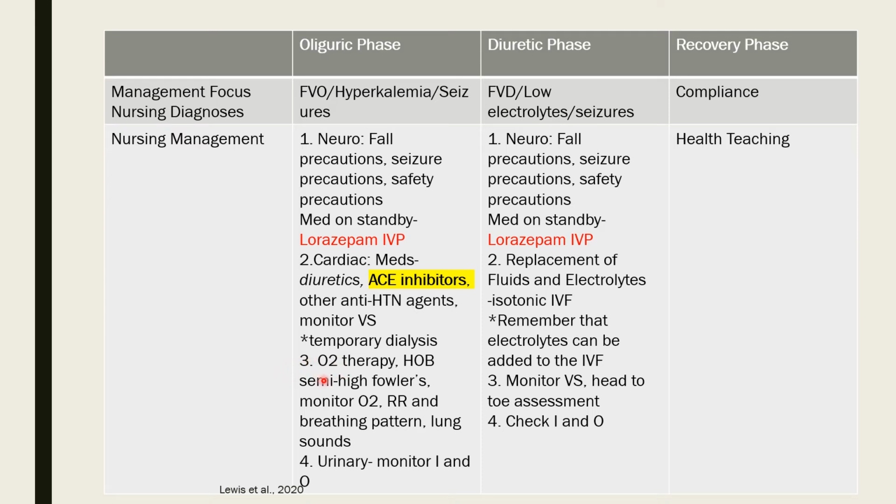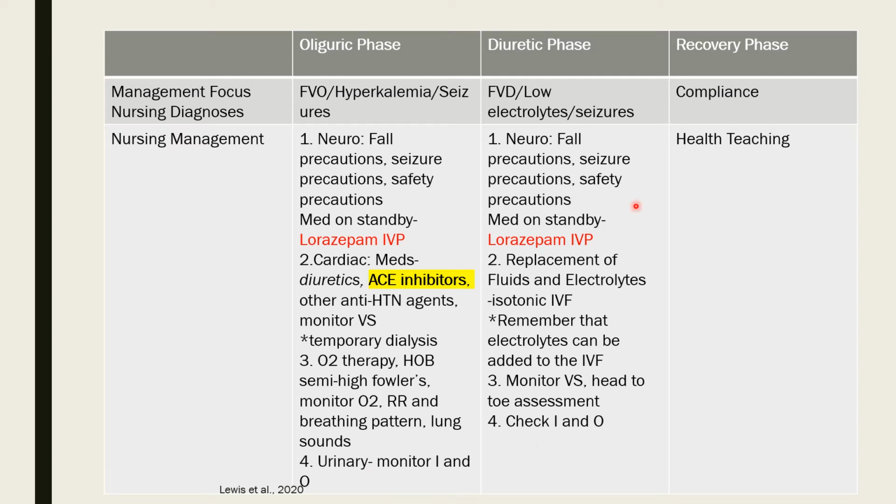And again, with oxygen, for the respiratory function, you want to give them oxygen as needed, put them on the highest position that you can, and monitor the respiratory status. Okay? When it comes to urine output, you have to monitor the output, and you also need to monitor the intake of your patient.